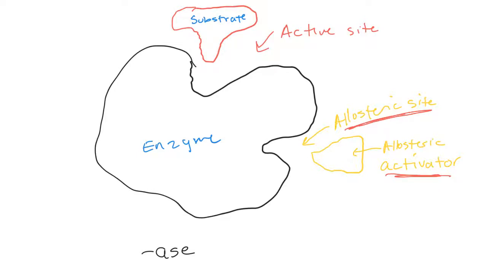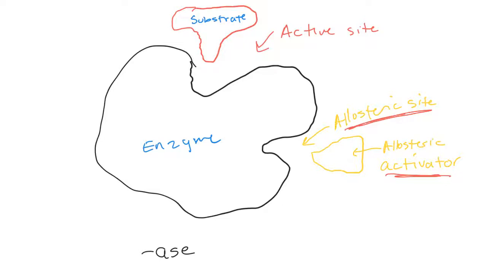Okay? Yes? I remember reading somewhere that the non-competitive inhibitors bind somewhere that changes the structure of the enzyme. Are some non-competitive inhibitors allosteric activators? Yes, so a non-competitive inhibitor is an allosteric inhibitor. All right?